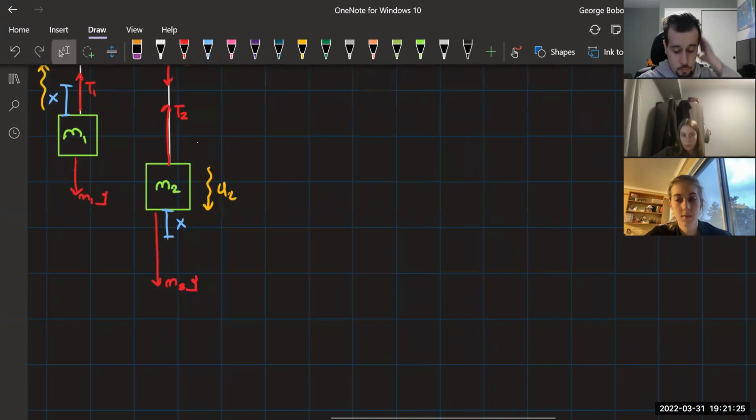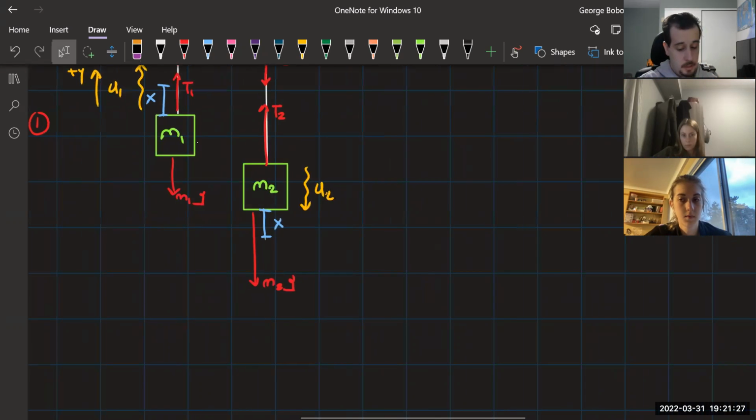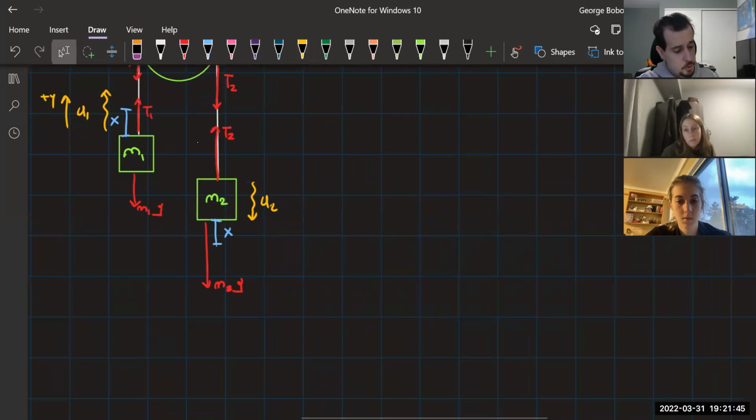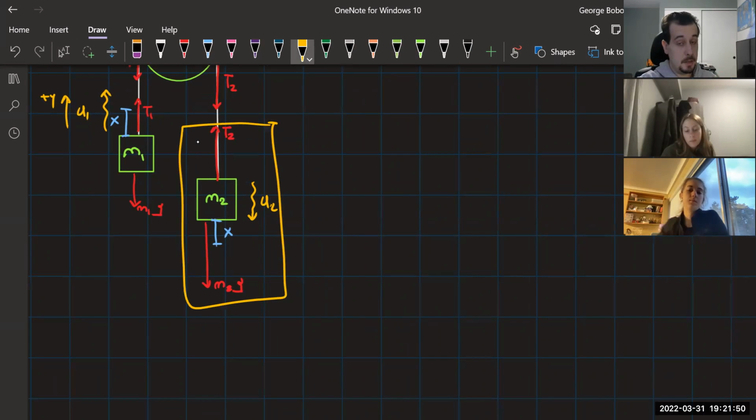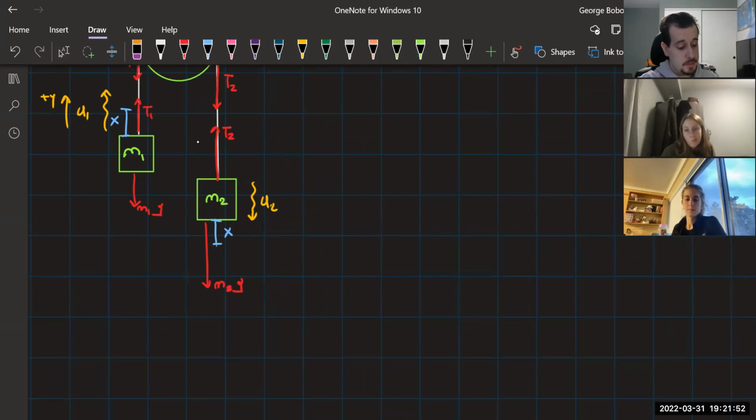What if I go to M2? Do I have Rahimat here able to talk on the mic? That would be a no. Okay. What can I do here? I'll ask you some simple questions then. If I wanted to put a positive direction for analyzing M2 right now, since it's accelerating down, what should that direction be if you can type to us?